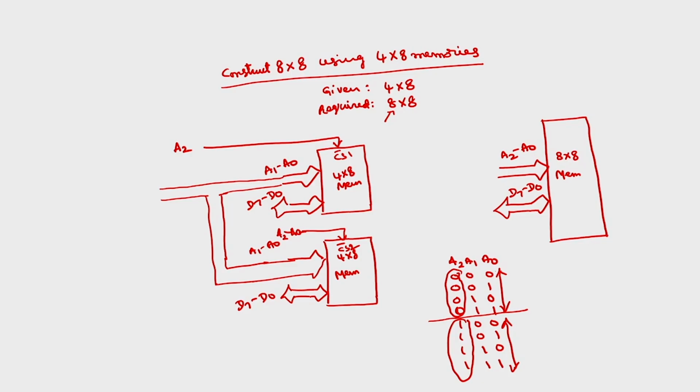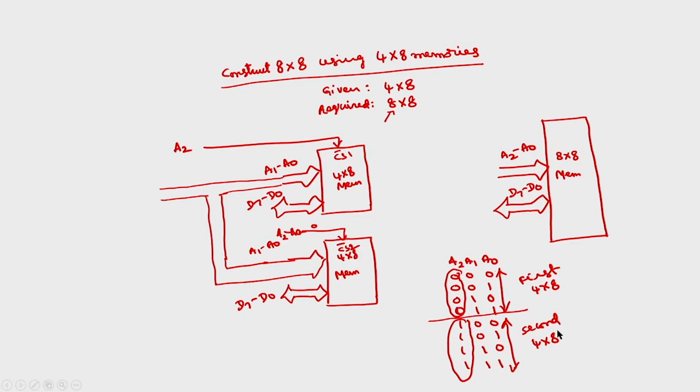So, when A2 is equal to 0, the first 4 by 8 memory will be selected. When A2 is equal to 1, after the NOT gate this becomes 0, so the second 4 by 8 memory will be selected. This is the first 4 by 8 memory, and this is the second 4 by 8.